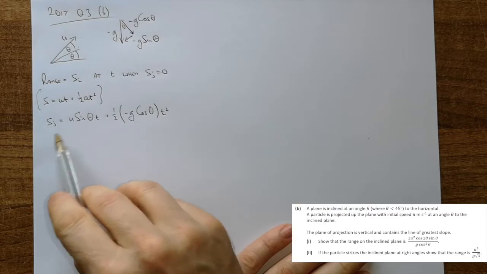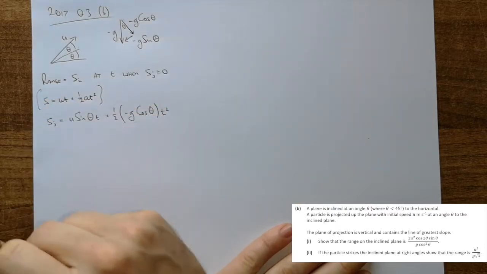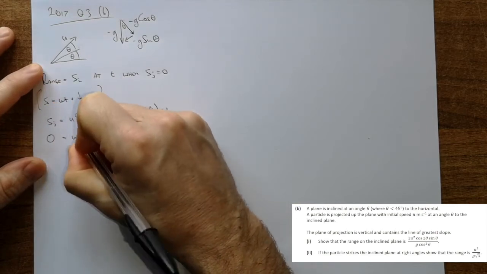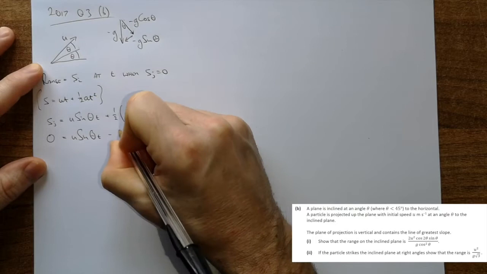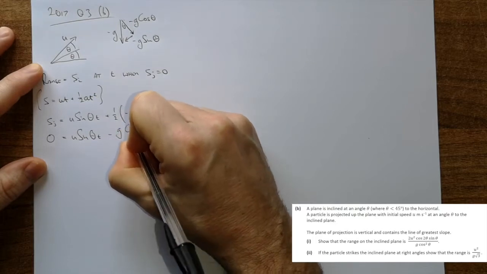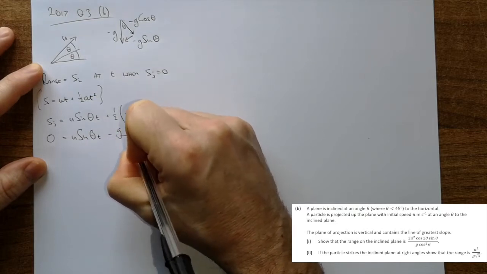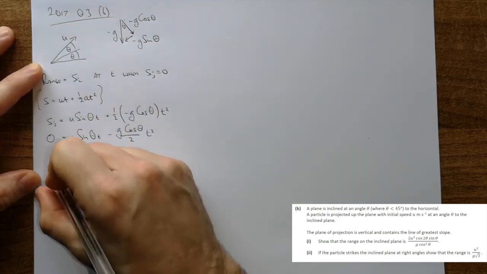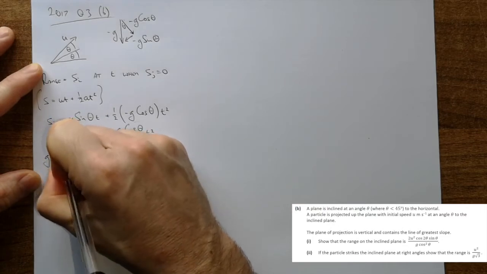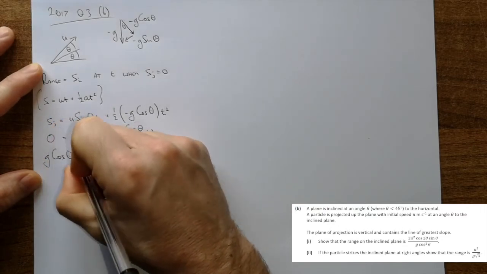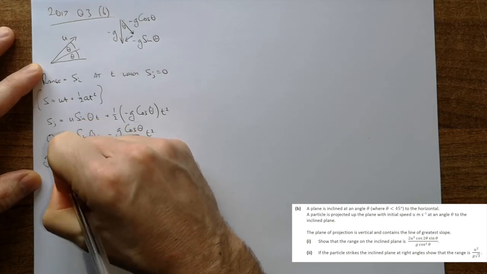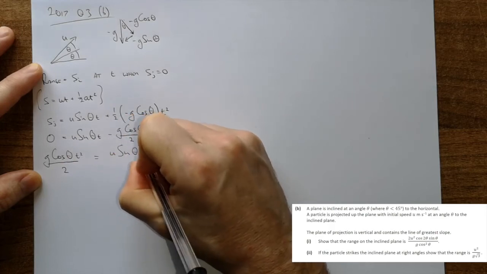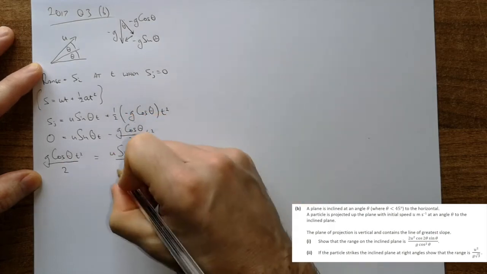The nice thing is you can see that we're going to get one of these each side. So let's do a little housekeeping and tidy this up. 0 equals u sine theta t minus g cos theta all over 2 t squared. Bringing this across, we end up with g cos theta t squared all over 2 equals u sine theta over 1, just out of habit.